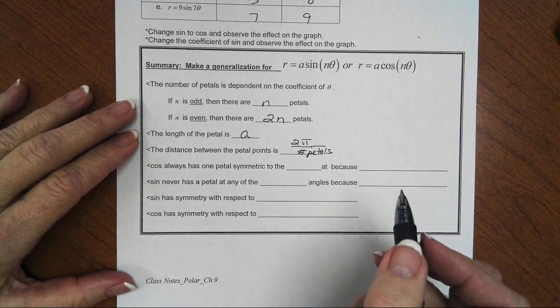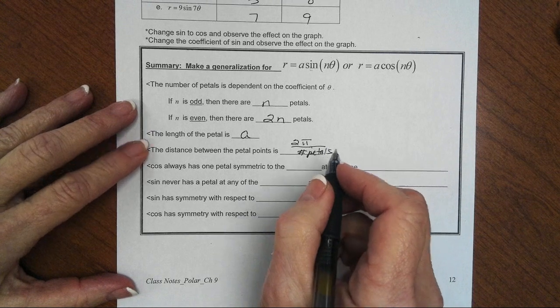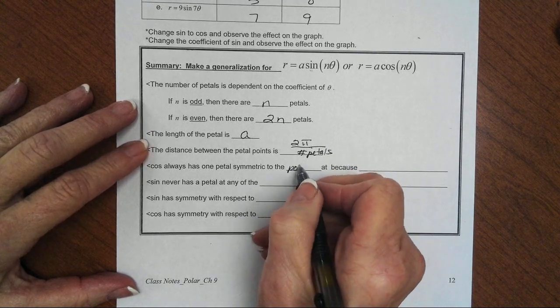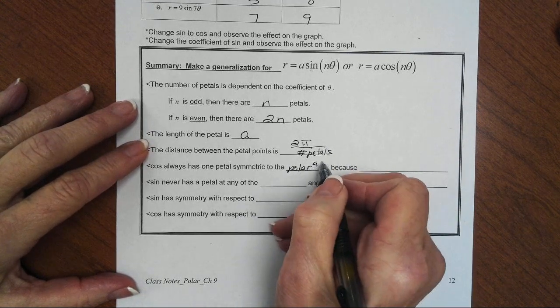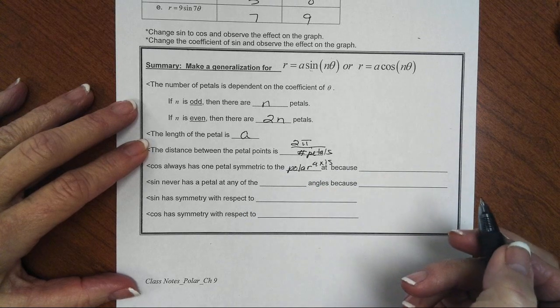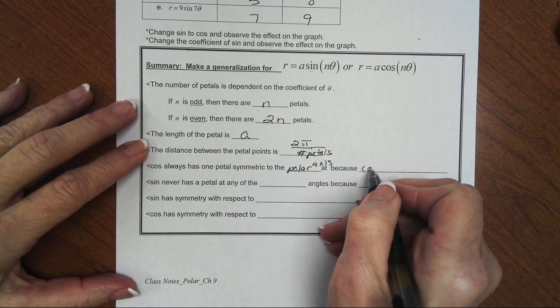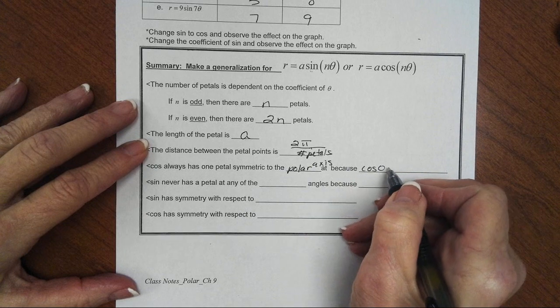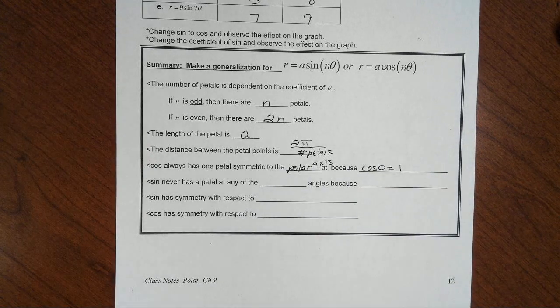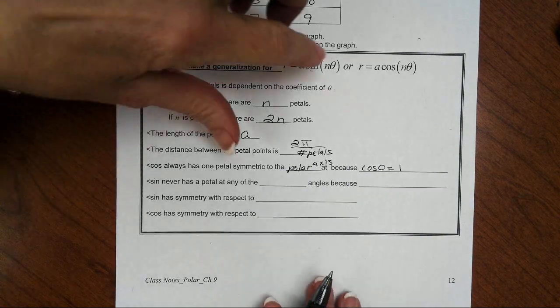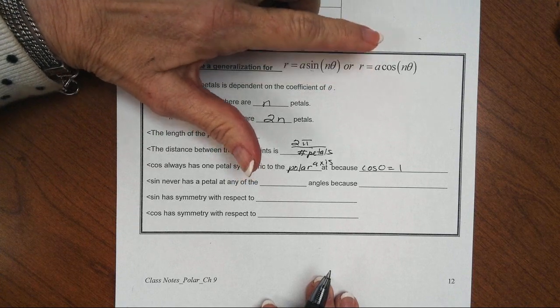Cosine always has one petal symmetric to the polar axis, because the cosine of 0 equals 1, and so when you multiply times the cosine, you get something.